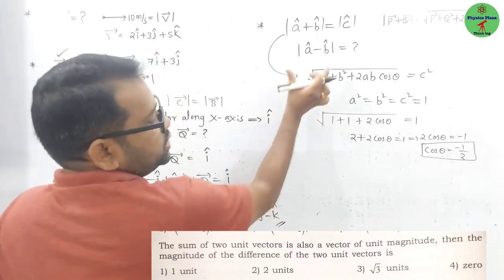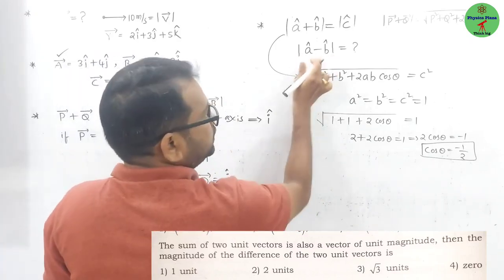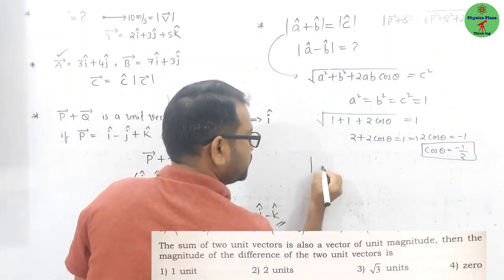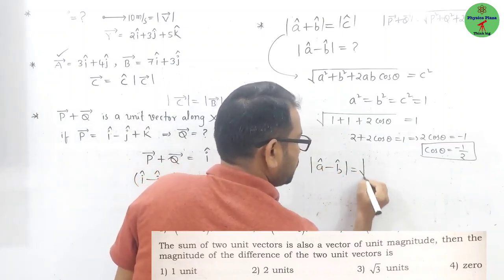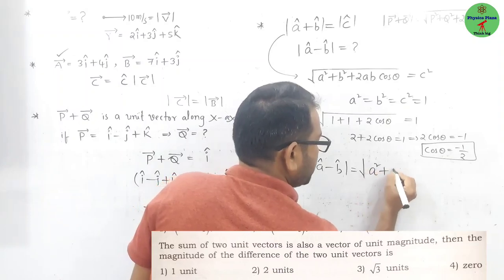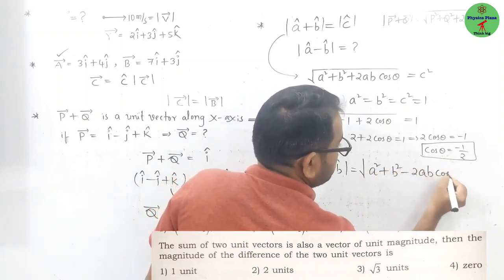Now children, they are asking us to calculate this, right? Okay, let us take this. This magnitude, a cap minus b cap, can be written as square root of a square plus b square minus 2ab cos theta.